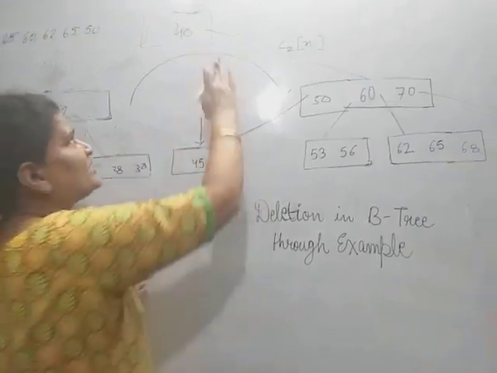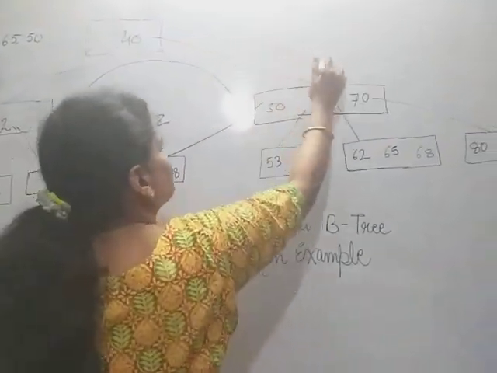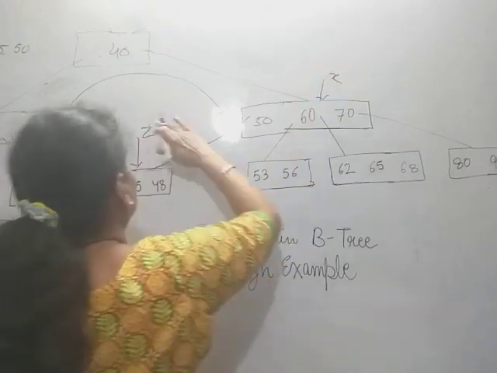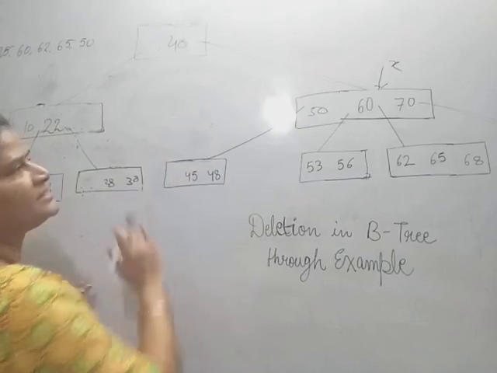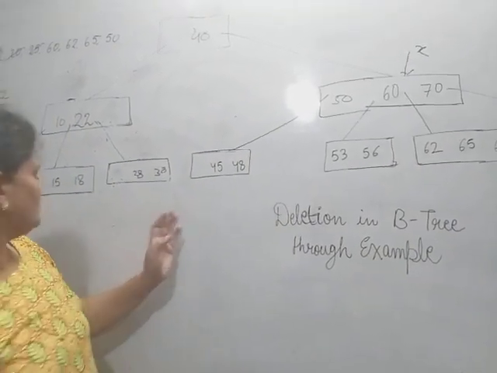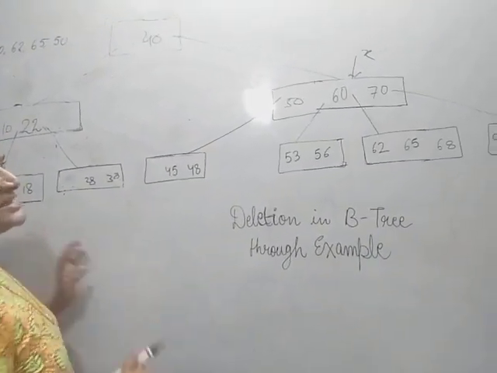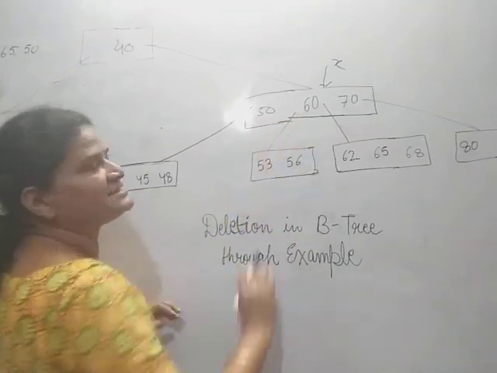In the next recursive call, this C will become x. Now this is the subtree after rotation. Now k, the key to be deleted, is 60.